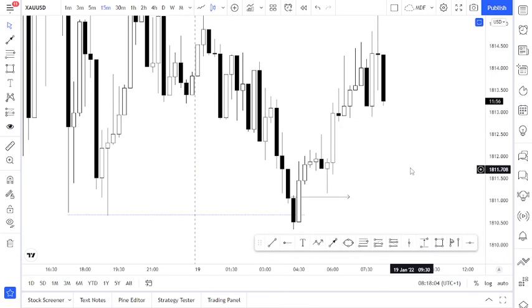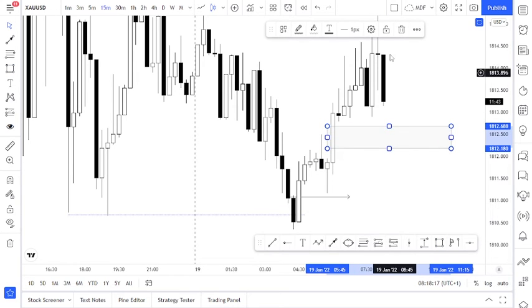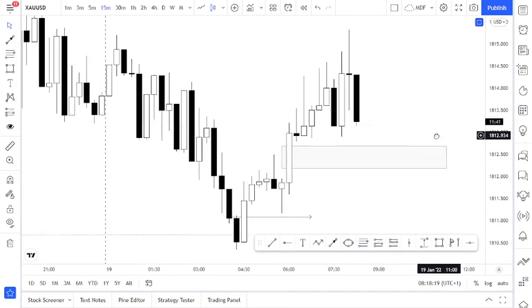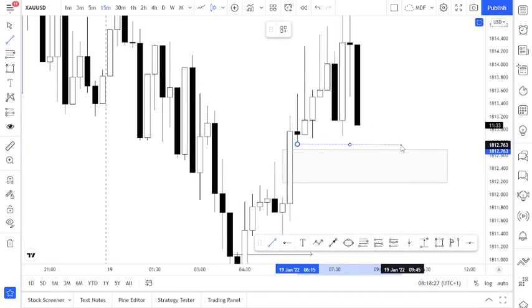So what am I expecting on gold now? Let's see what happens somewhere around here. Let's see how gold reacts here. We have liquidities here, and liquidities there.